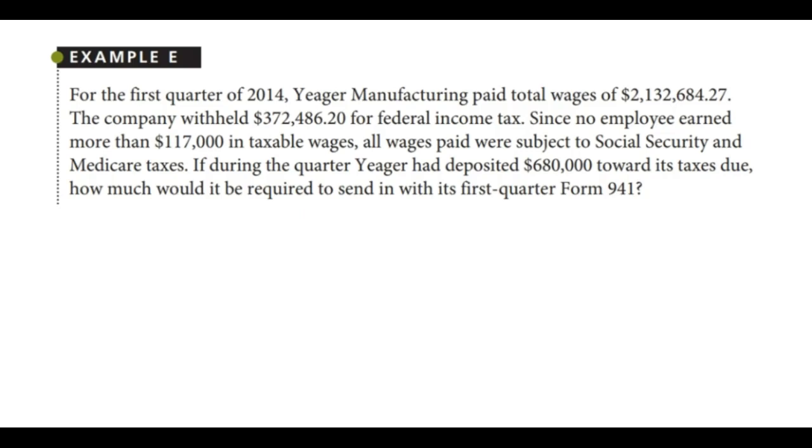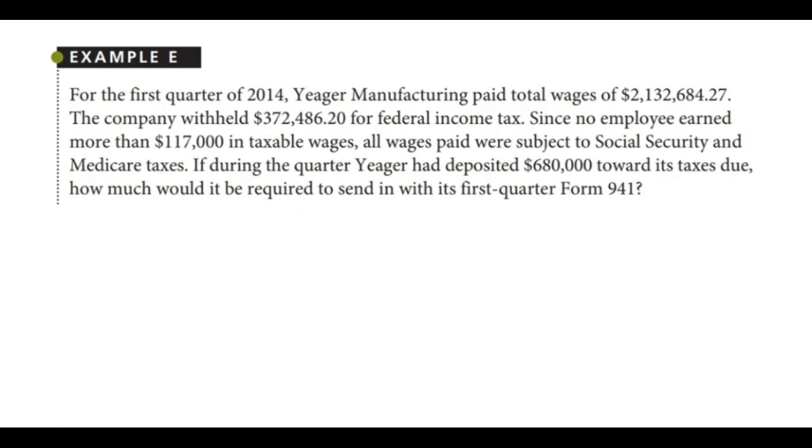They're withholding it from the employee's paycheck and they're covering, so they have to cover both of their portions. So when they send in the Form 941, which is what we're dealing with here in this problem, we have to figure out both the employee and the employer side. Okay, so that's why it's doubled. And also Medicare tax back in Objective 3 was 1.45%. And now we're dealing with that doubled, 2.9% for Medicare.